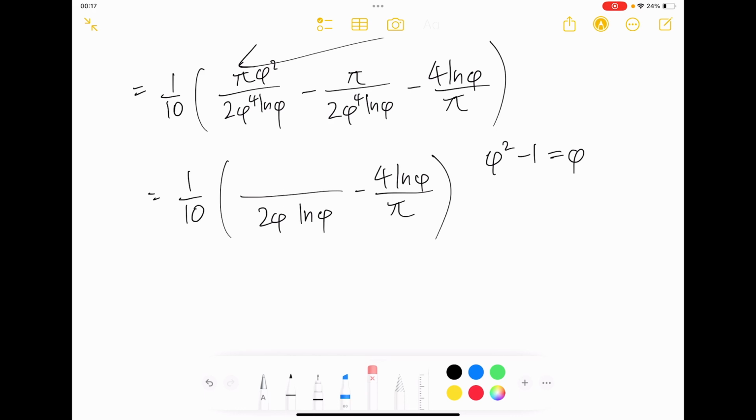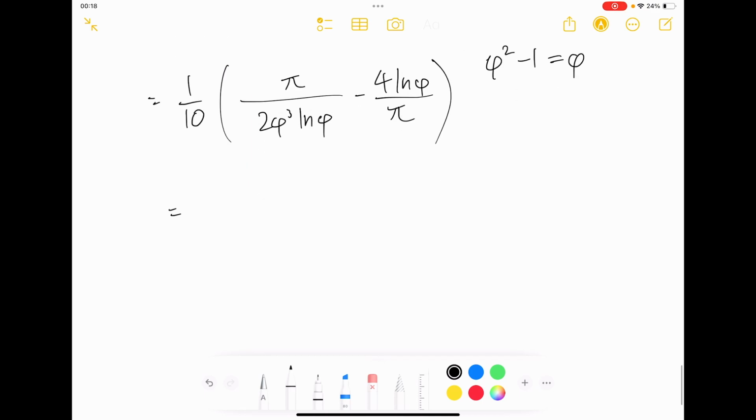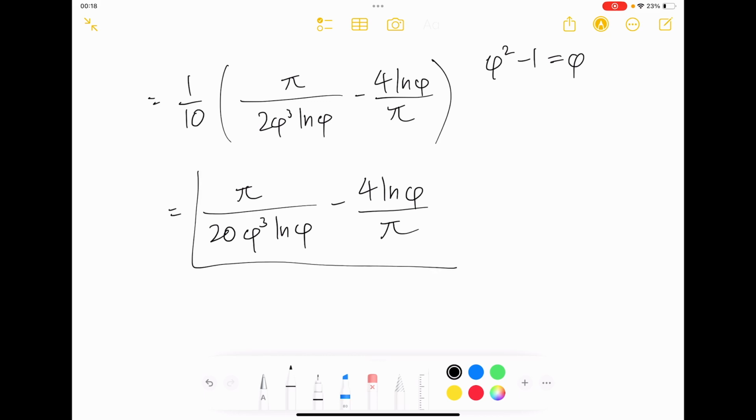So that's going to be cubed instead. And we're just going to have a pi at the top. And so, finally, we're going to have pi divided by 20 golden ratio cubed natural log golden ratio minus 4 natural log golden ratio over pi. There we go. And that is our area.